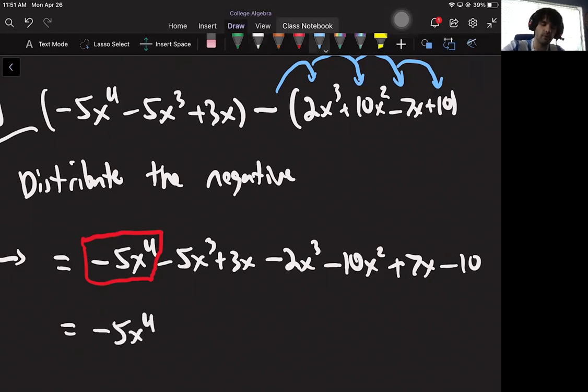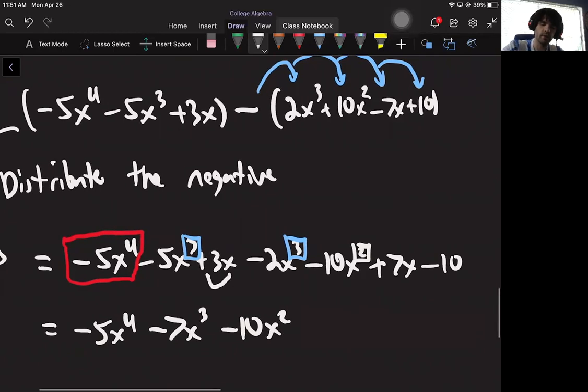But now I look for things that are the same. There's a cube here and a cube here. A third power is another way to say it. And so I can add those two together to get negative 7x cubed, or x to the third. There's only one power of 2, so that is not going to get combined with anything.